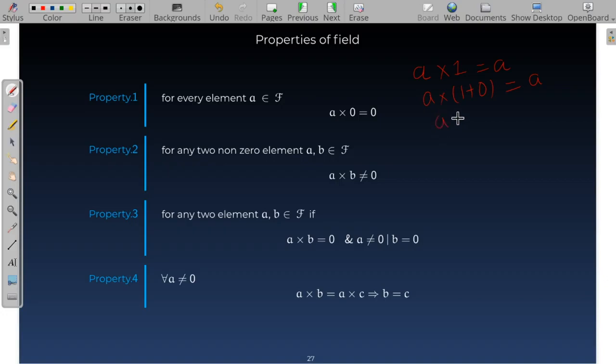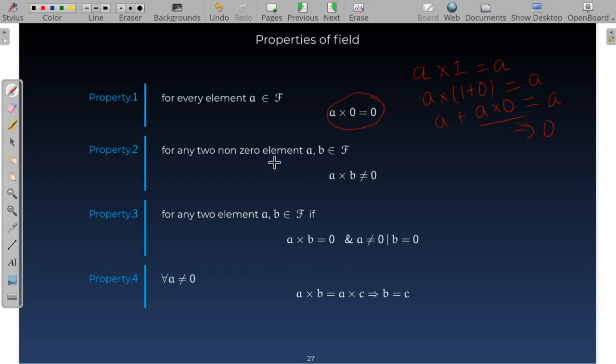So a plus a times 0 is going to be a, right? So you can see from here that a times 0 should be equal to 0. If you take a on the right side to the left side, it is going to be minus a. So a times 0 must be equal to 0. So we have proved this first property.